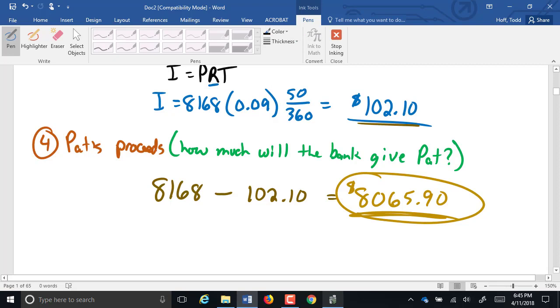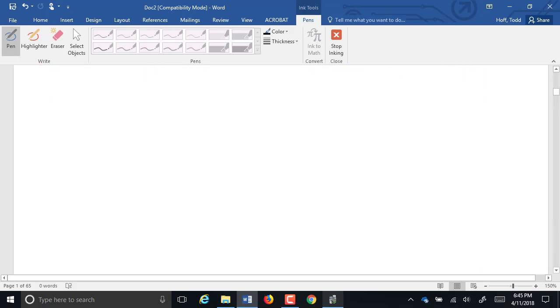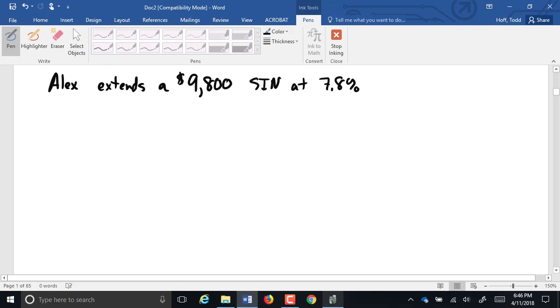Let's do another example of this. Alex extends a $9,800 simple interest note at 7.8% for 120 days to Taylor.